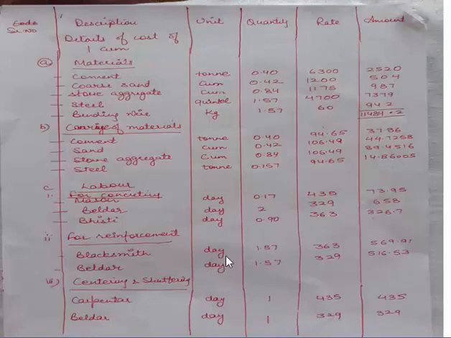And the same quantity of beldar will be required. Students, this calculation of the labor quantity for the reinforcement is related to the steel quantity, right? So for binding of 1 quintal of the steel, the number of blacksmith required per day is 1. So for 1.57, the quantity will be 1.57. And for the carpenter it is 1, and beldar it is 1 for centering and shuttering works.